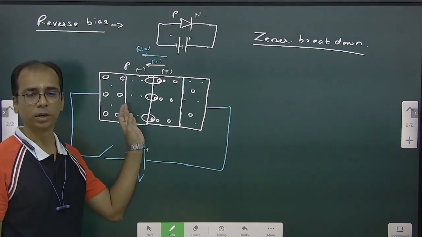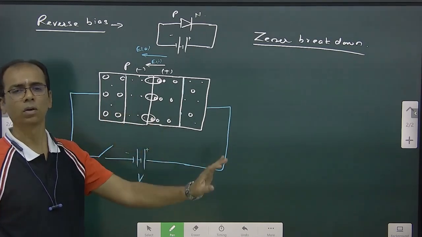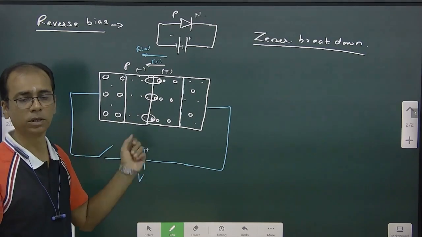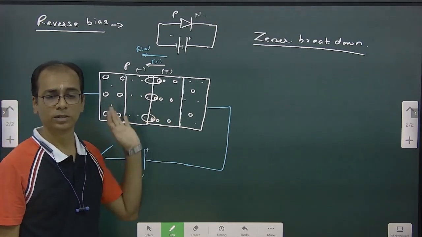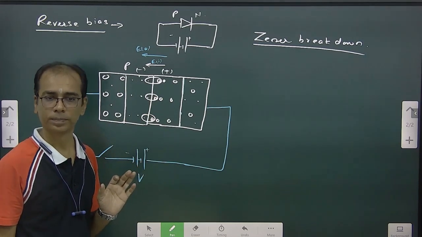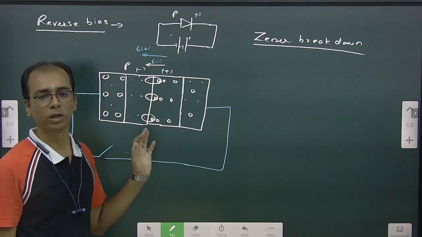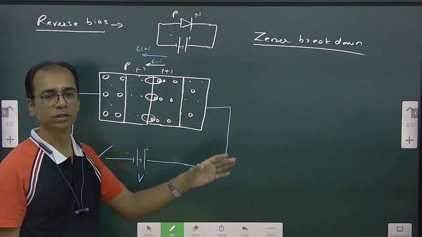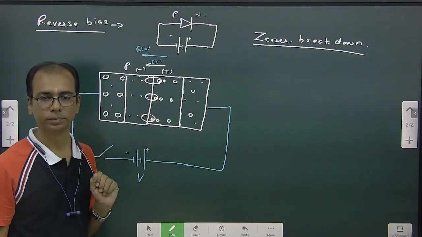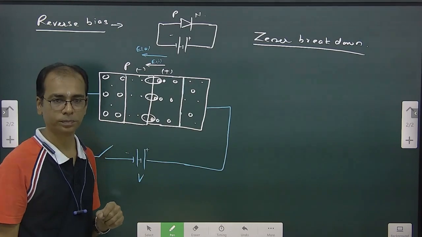And once they start breaking, what will happen? We get a lot of electrons, because it's not that one bond only will break. All of a sudden, many bonds will break. That means you will be getting ample charge carriers, and because of that, we will be getting current. Okay, that's called Zener breakdown.